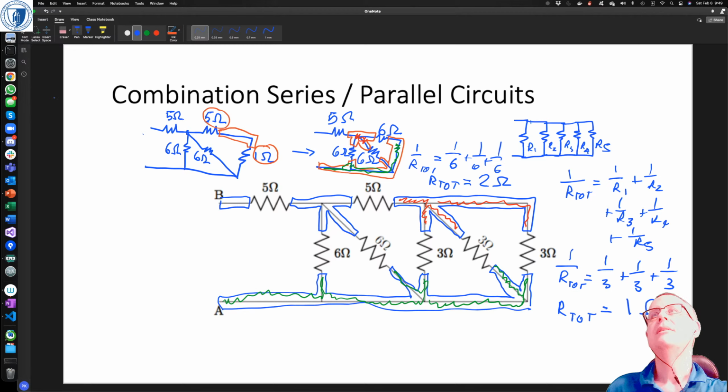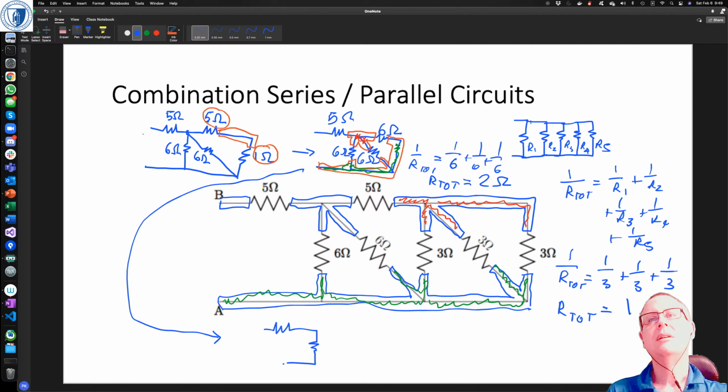So then I can redraw that again. I probably should have thought a bit better about where I draw these things. So let's take it down here. And now I can just write the circuit like this, right? And again, I've got remaining resistors sharing a common node exclusively.